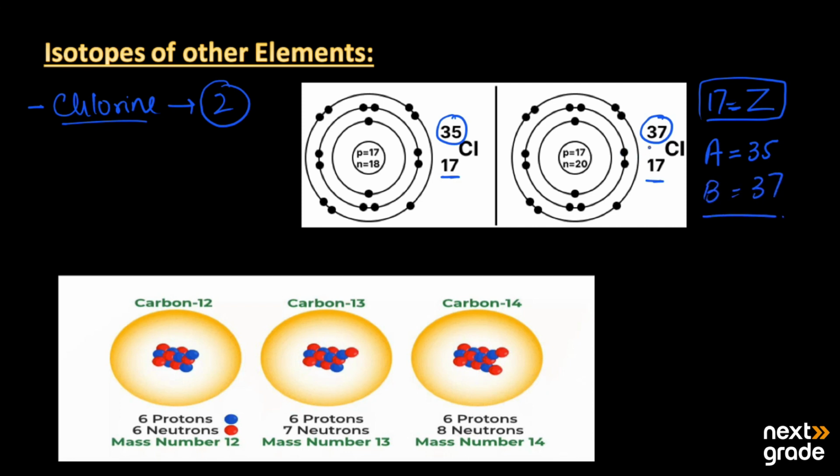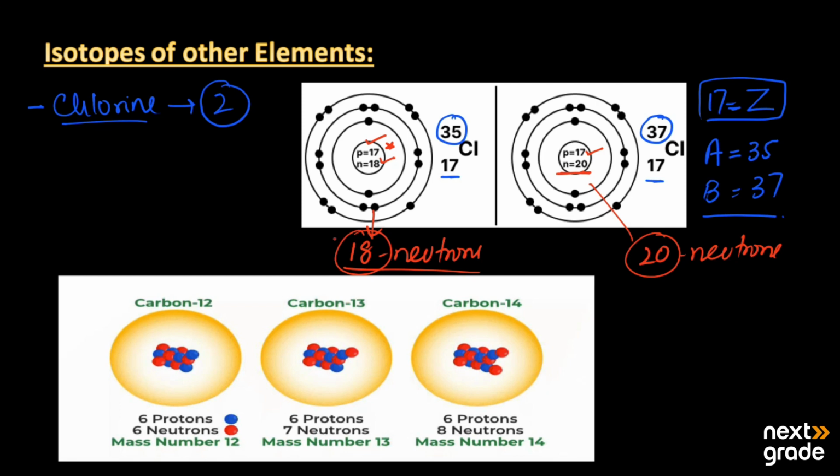So they differ in the number of neutrons. The first has 17 protons and 18 neutrons, and chlorine 37 has the same 17 protons but a different number of neutrons, 20 neutrons. So both differ in the number of neutrons.